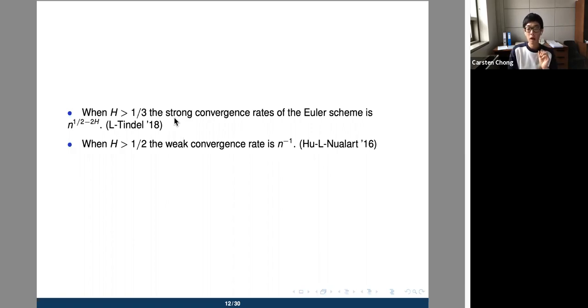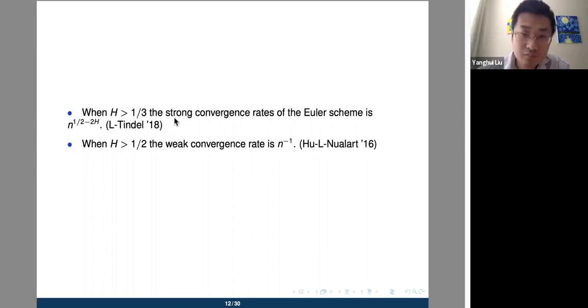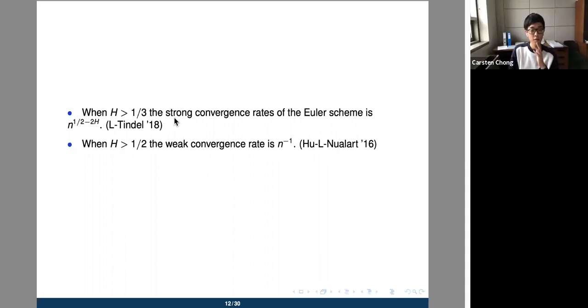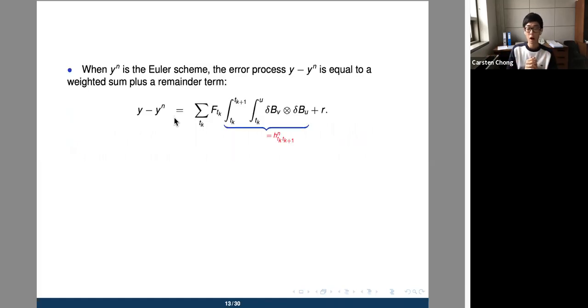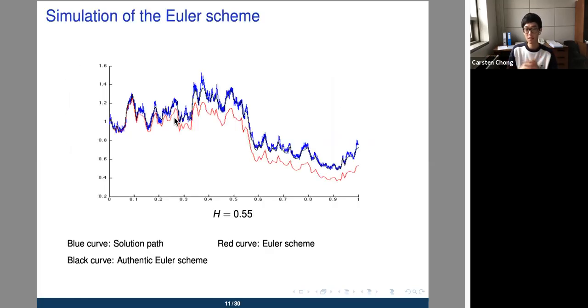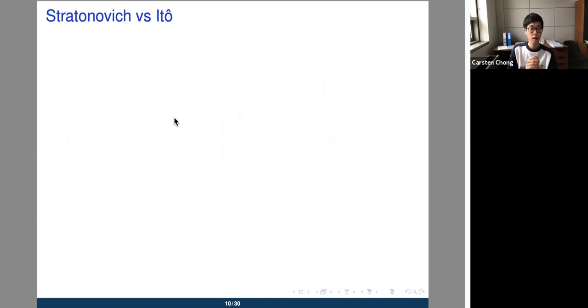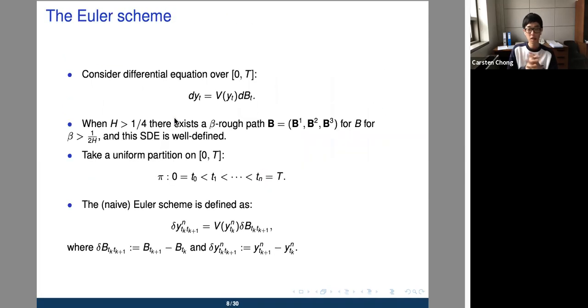Are the results that you have shown also applicable to the situation where your equation is driven not by a single fractional Brownian motion, but say two with different Hurst indices? In general, you have D processes, and maybe D different indices. Would that still work, or is that a problem?